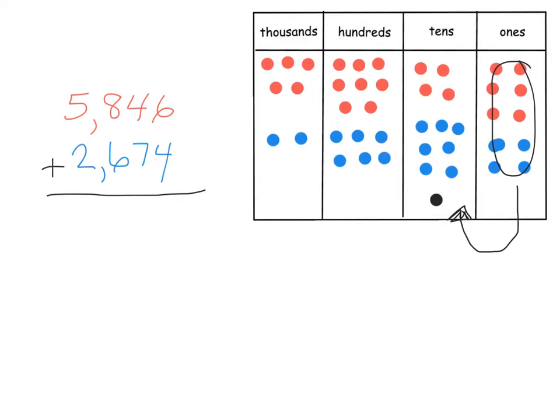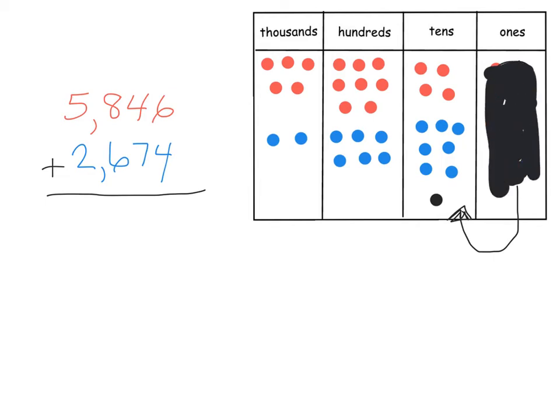So how would we represent that in our problem? Well, since I moved all of these, we can pretend like that's not there, which means there's going to be 0 ones. And remember how I moved it over to the tens? Well, I need to add that I put one group of 10 in the tens column. Now let's count our tens and see how many we have there.